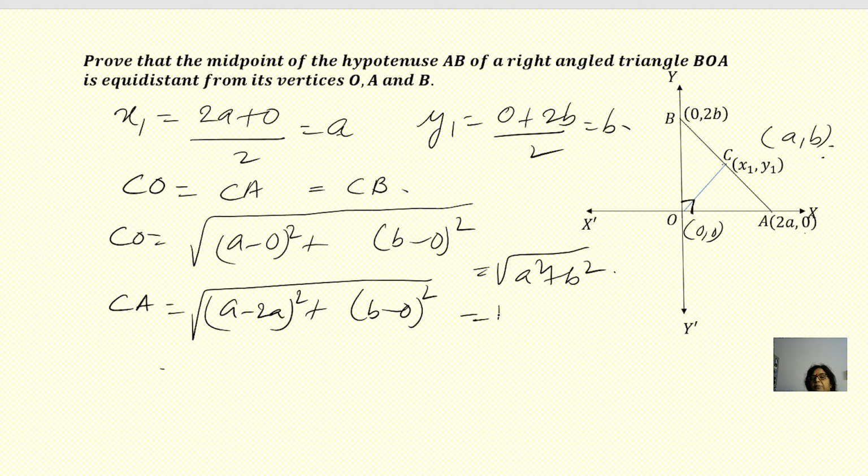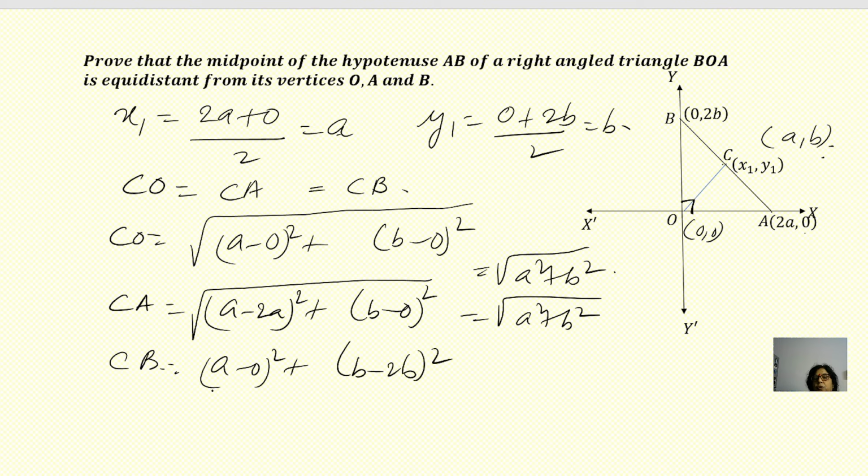So this becomes equal to root over a squared plus b squared again. Why? a - 2a is -a, and the whole square is a squared. CB will be equal to the square root of (a - 0) squared plus (b - 2b) squared. So this becomes root over a squared plus b squared. So all the distances are the same.